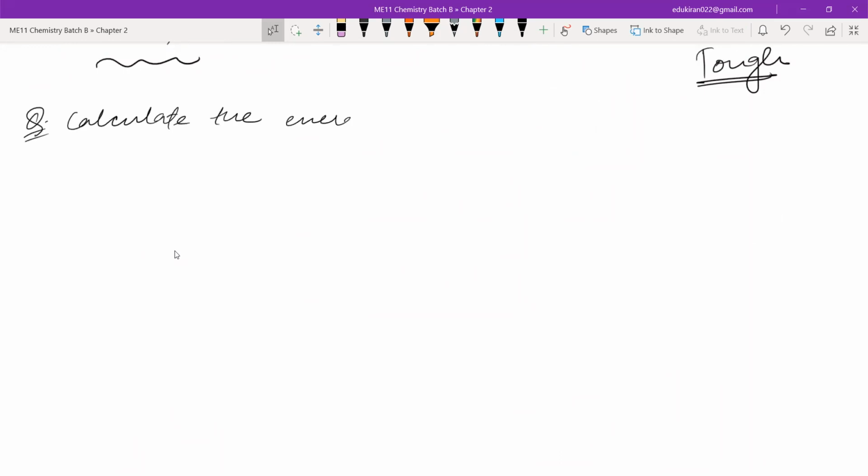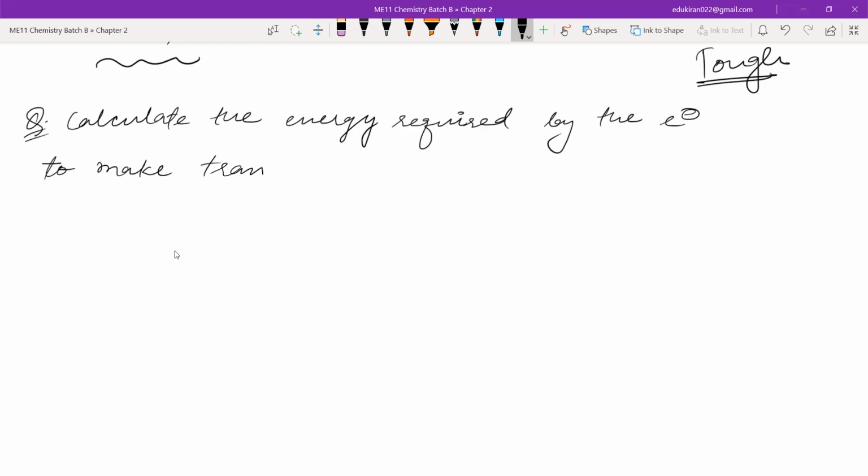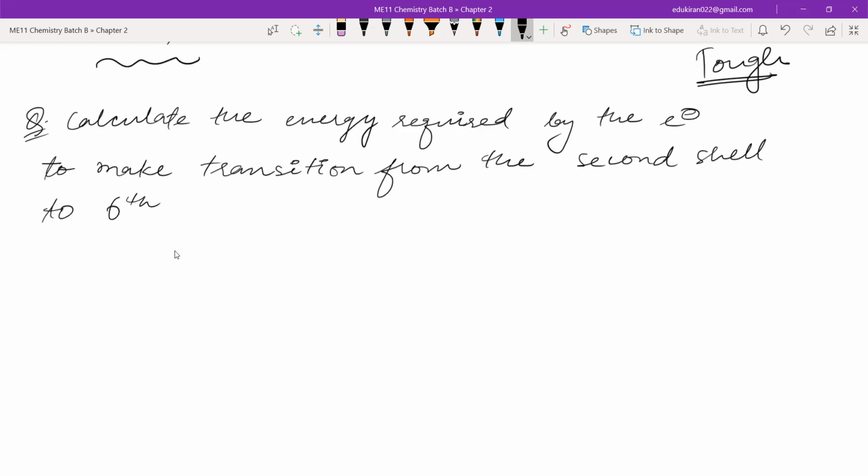Calculate the energy required by the electron to make transition from the second shell to sixth shell.